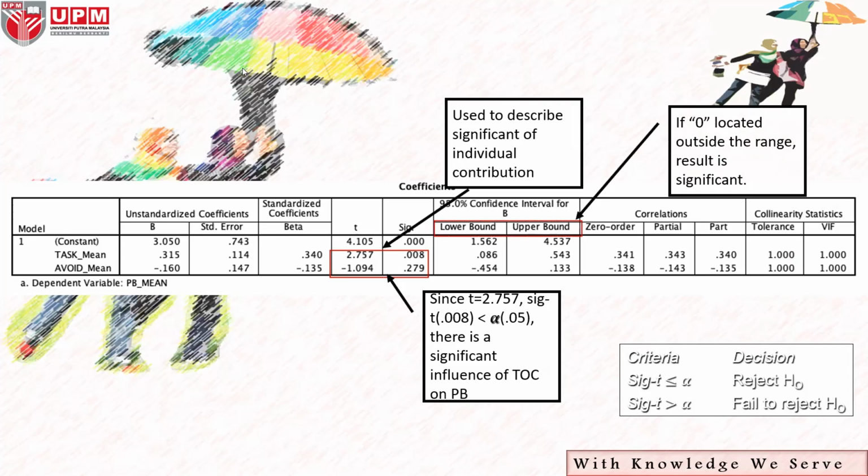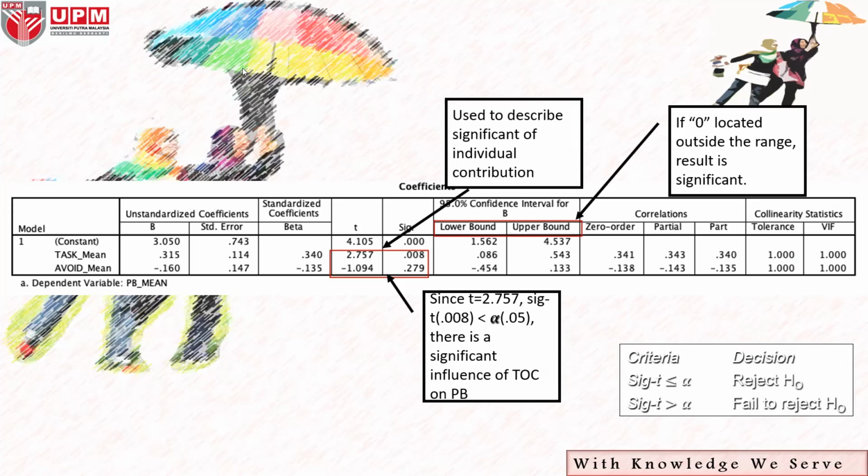Next, another option to determine the significance of the influence is to refer to the 95% confidence interval for beta. How to determine it is based on the location of 0. If 0 is located outside the range of lower bound and upper bound, the result is considered significant.